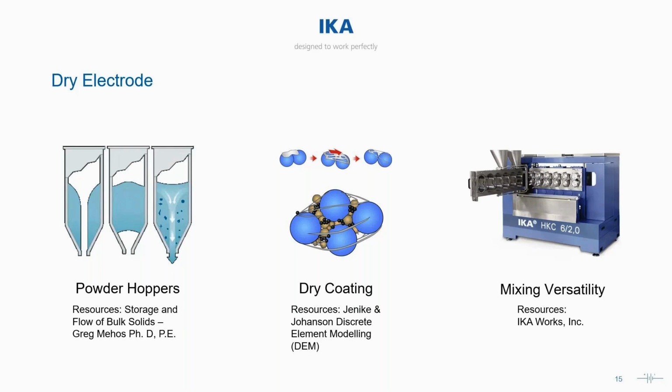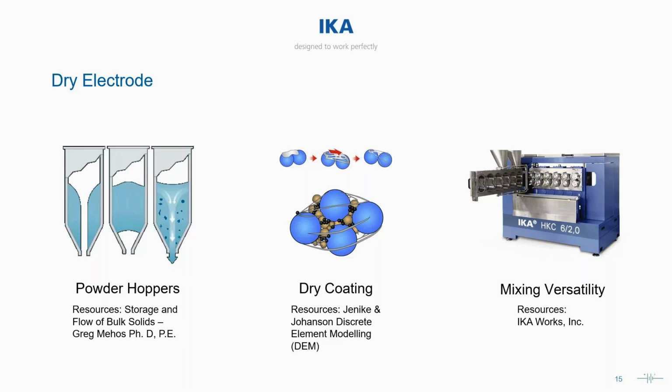And with dry electrode, being that it is a relatively new technology, it's very, very important to have a mixing machine that is versatile. With any new technology, we're going to have changes to formulations, we're going to have changes to processing conditions that we need to meet.